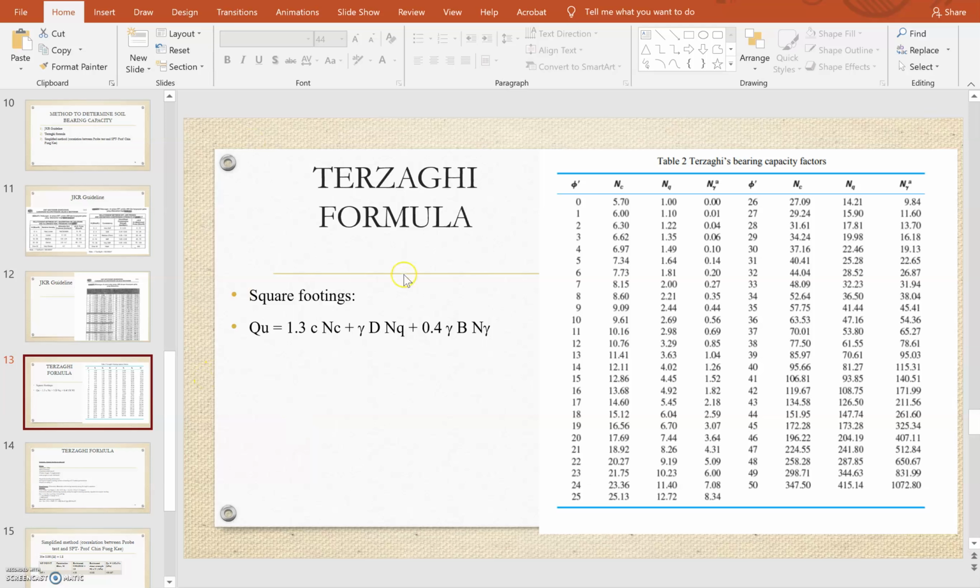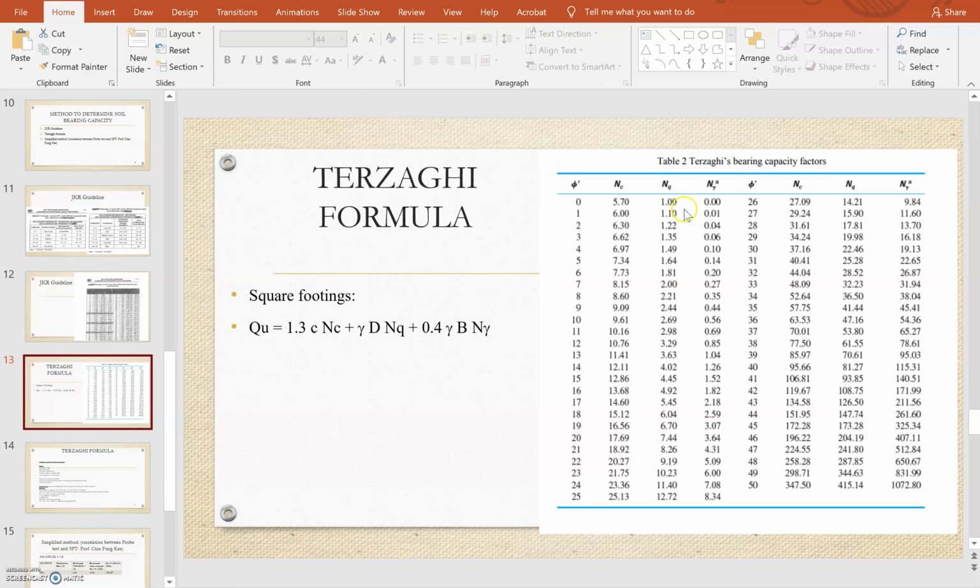Okay, for the second method, the Terzaghi formula, which I think you're familiar with from your previous subject. For the square footing, the formula is 1.3 C times NC plus gamma times D times NQ plus 0.4 times gamma times B times N gamma.